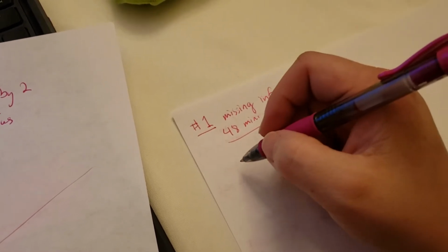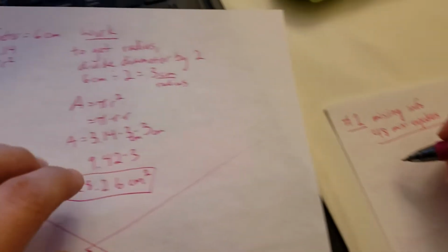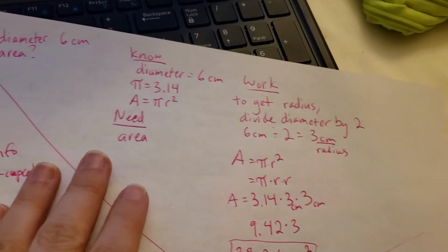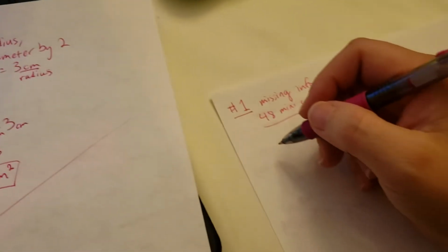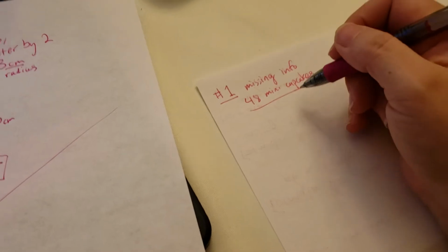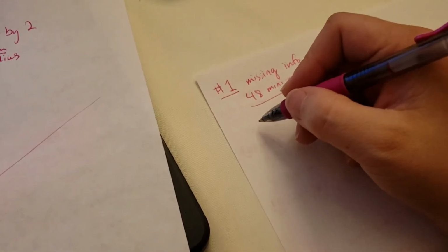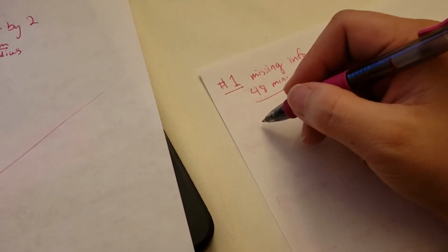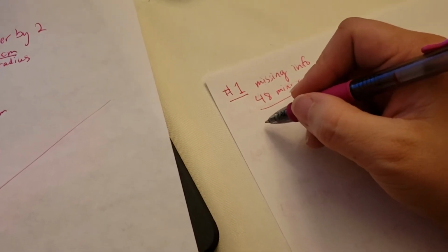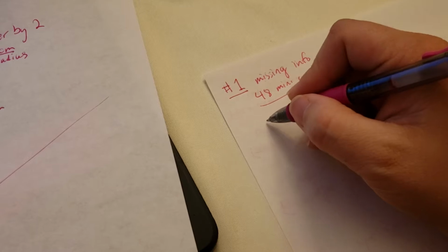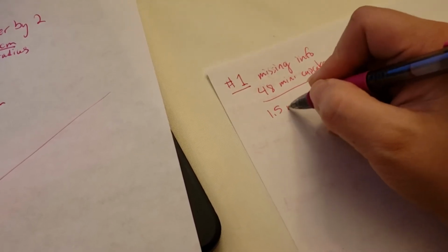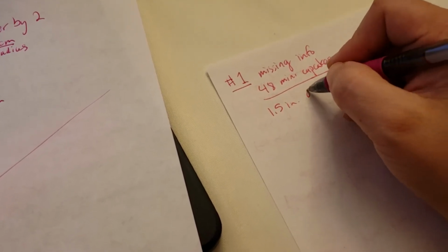Yeah. So we're going to talk about, it's an area problem is what it ends up being. It gives you a couple of pieces of information. It should tell you that there's 48 mini cupcakes he's making, or she's making. I don't know the guy's name. I don't remember if it's a girl or a boy. This person's making cupcakes, and each cupcake is 1.5 inches in diameter.